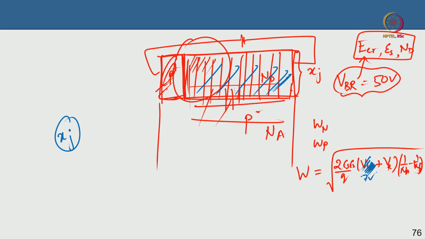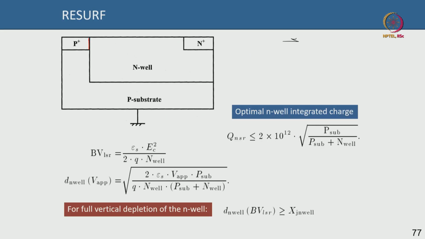So, you do not put in 50 volt; you insert the expression of the breakdown voltage in the lateral direction here, and that gives the depletion on the N side. This should be completely depleted before the breakdown happens.